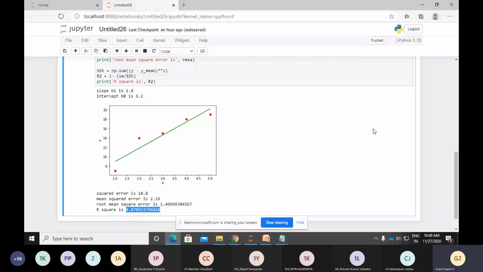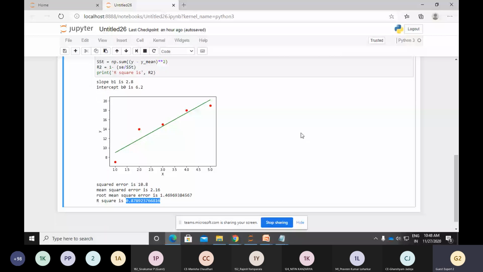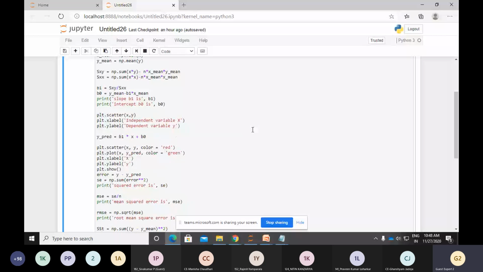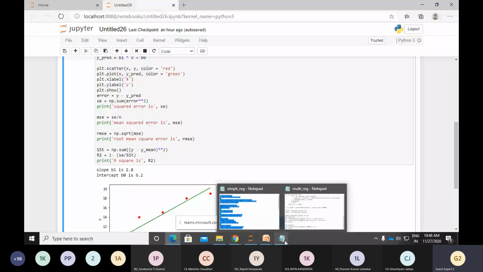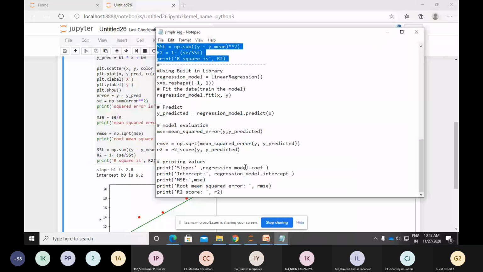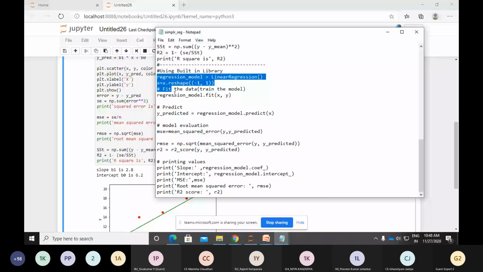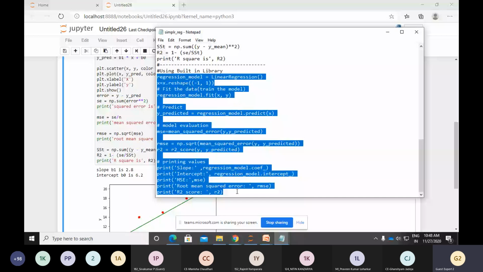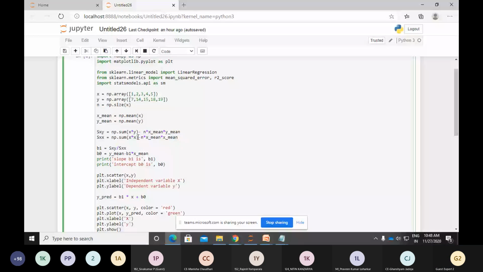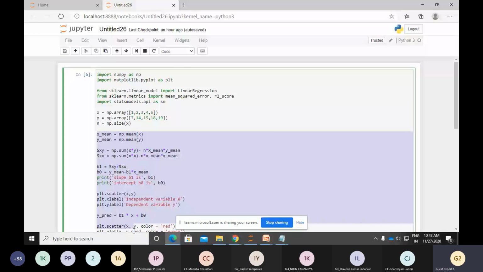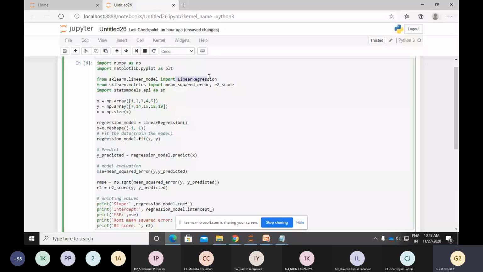Okay, so you can implement simple linear regression using the least square estimator. Now, if you want to compare this with the built-in, then this is the code. Instead of using our program, I am using the linear regression model, which is available in the sklearn library of Python.